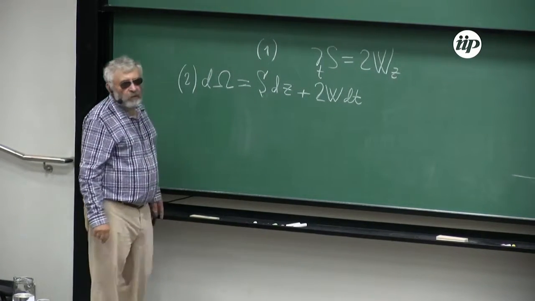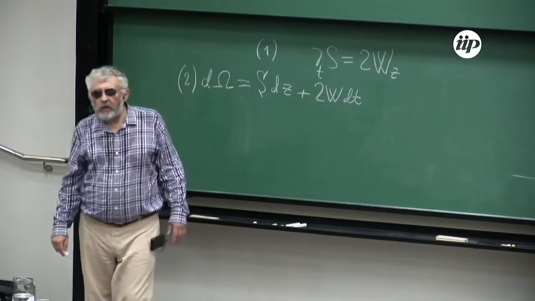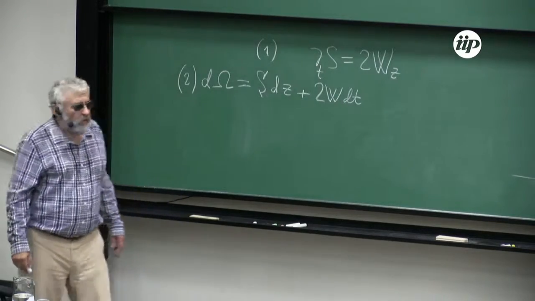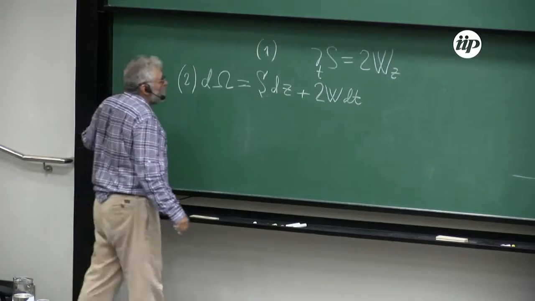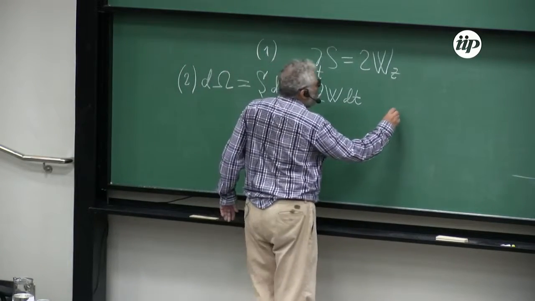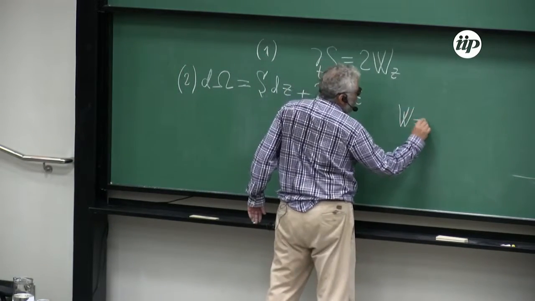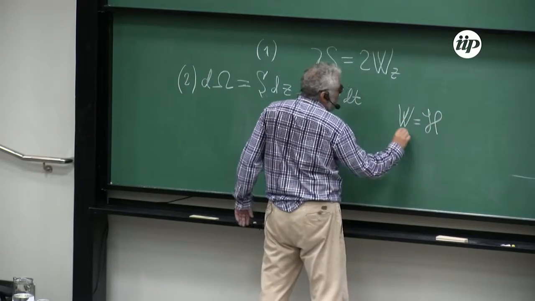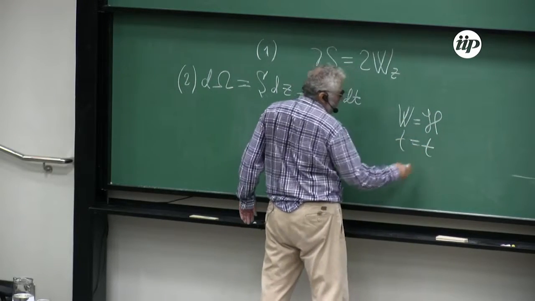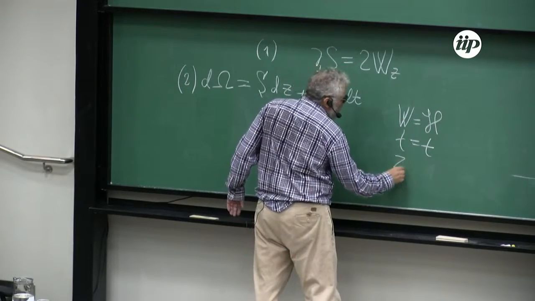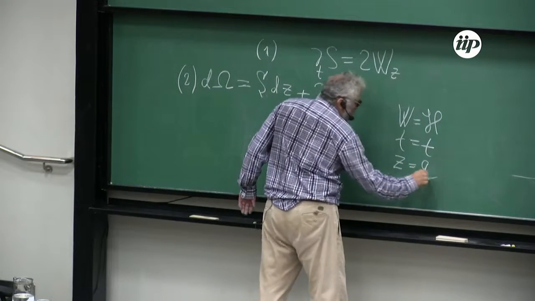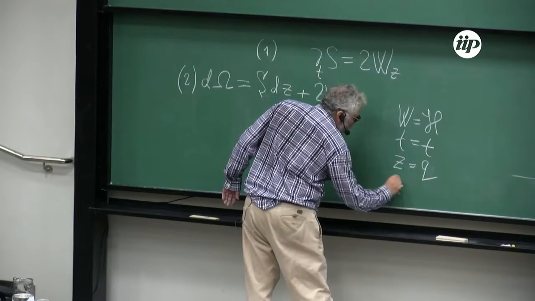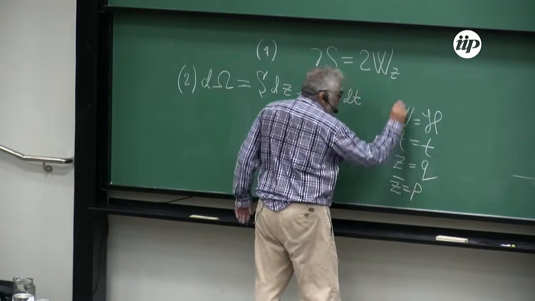Poisson bracket and symplectic structure are already there. Don't you feel that? W is the Hamiltonian, time is time, Z is the coordinate, and Z bar is the momentum.